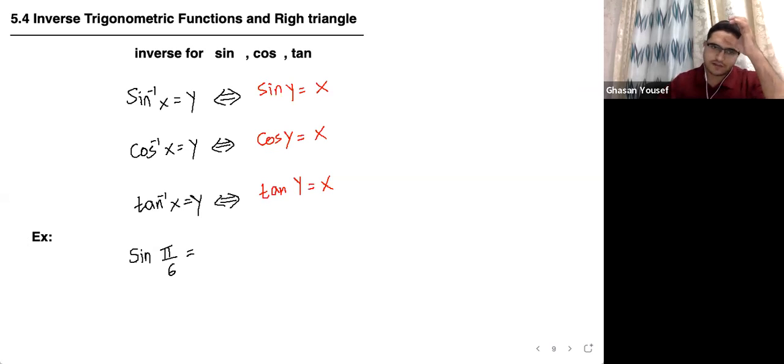What's the sine of π/6? It's 1/2, right? It's sine of 30. Sine of 30 is 1/2. So you should know this converts to sine inverse of 1/2 equals π/6.